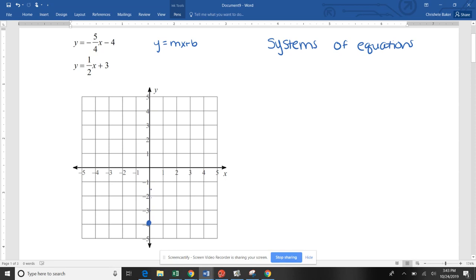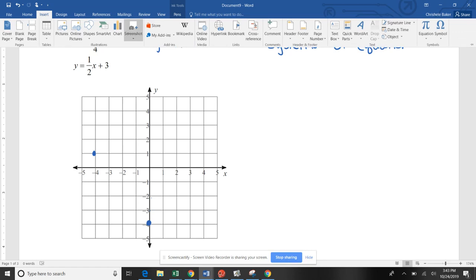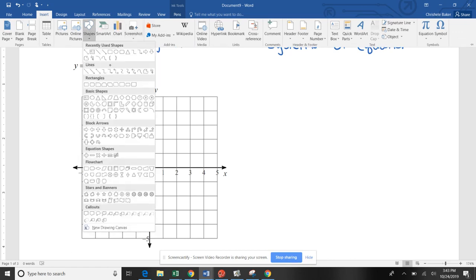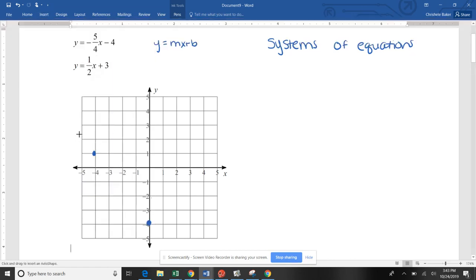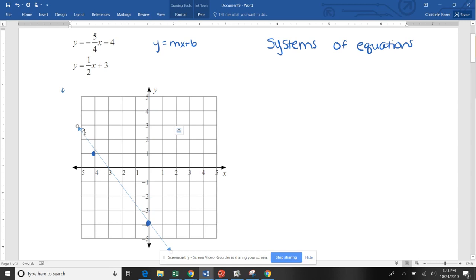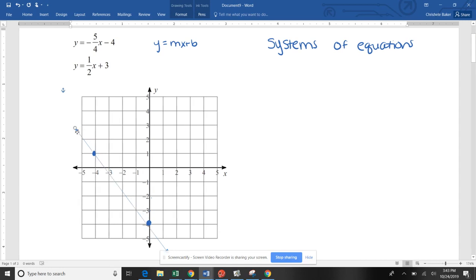So 1, 2, 3, 4, 5, 1, 2, 3, 4. And if I connect these 2 points, I now have the line y equals -5/4x minus 4.